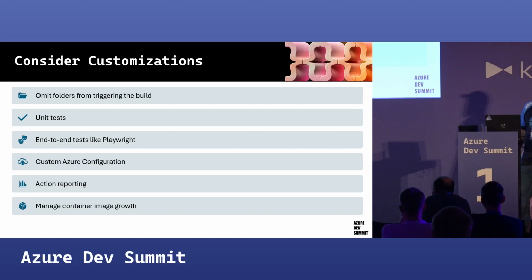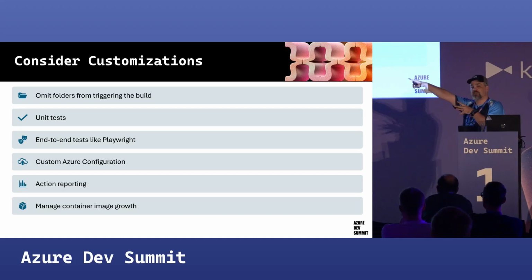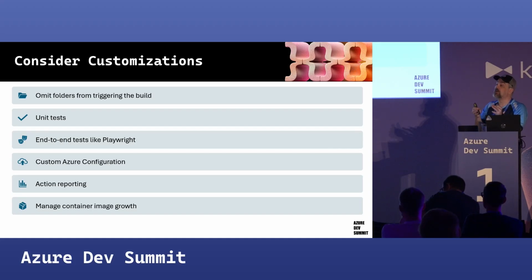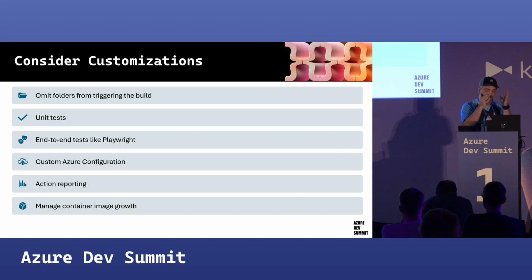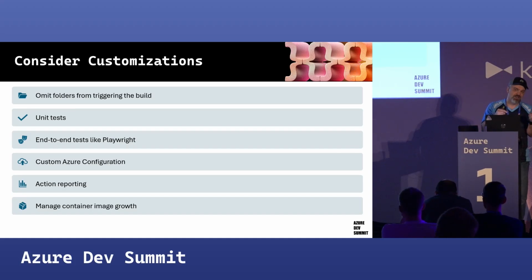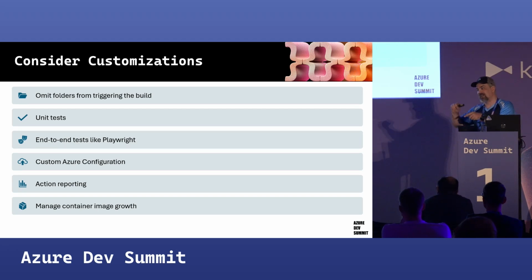Custom Azure configuration. There's ways that we can generate the bicep that's going to be used to deploy to Azure so that you can customize and put things in there like custom domain names, setting up custom scaling rules, session affinity, custom egress capabilities. You want to add those in, you're going to need to modify and update the way that action file runs.